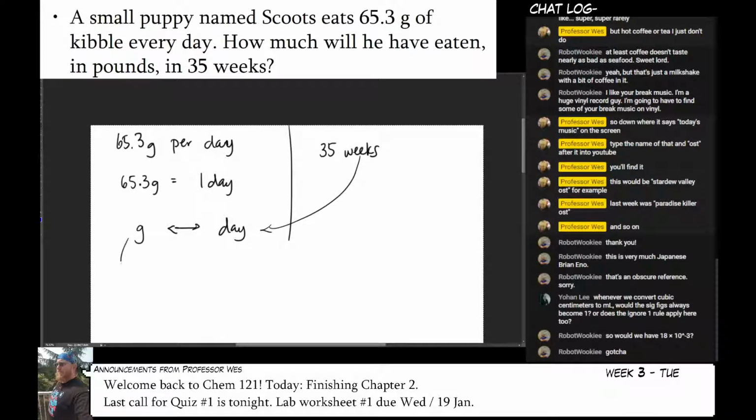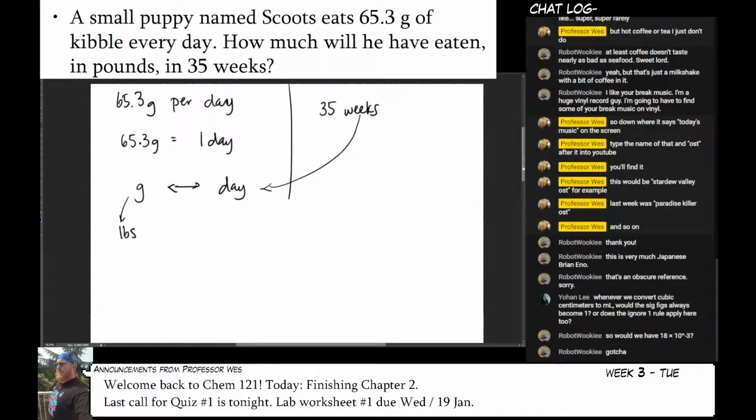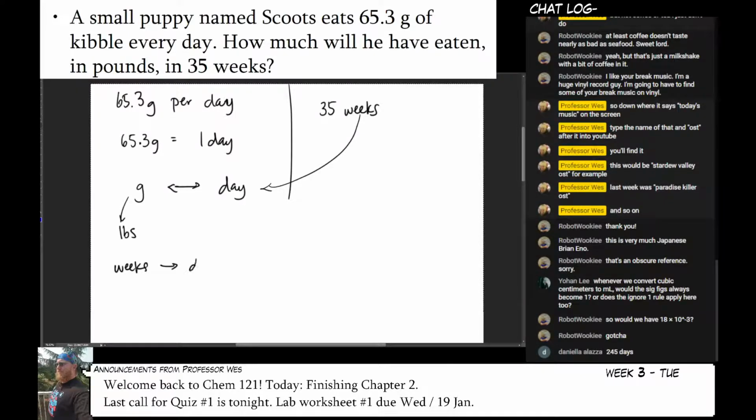And then I could turn grams into pounds, right? So my unit map's a little all over the place, but we could straighten that out. So I'm going to turn weeks into days, and then days into grams and grams into pounds.